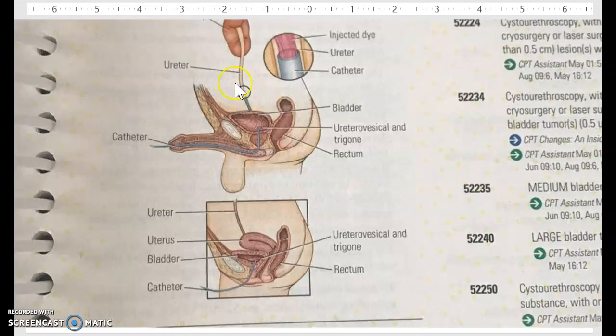And you can see this is where the catheter has to be landed, because this is exactly where the doctor is worried about causing any damage to the ureter while performing his abdominal surgery. Okay, so again, very important to understand the medical terminology and anatomy to be a better coder.